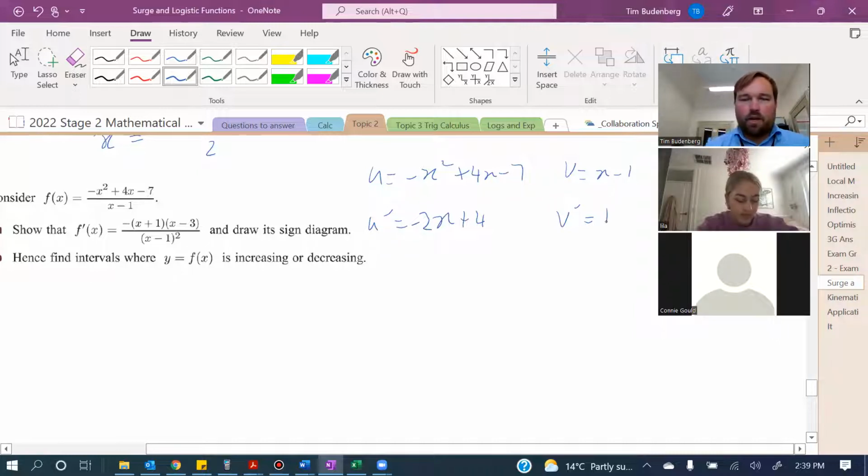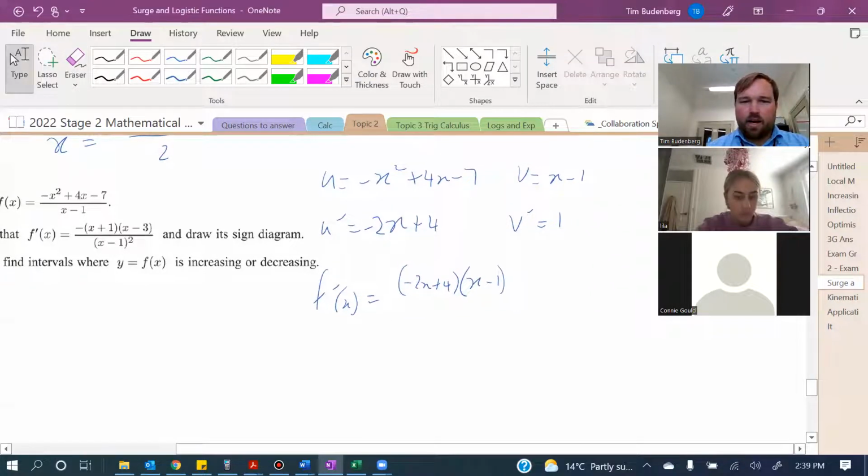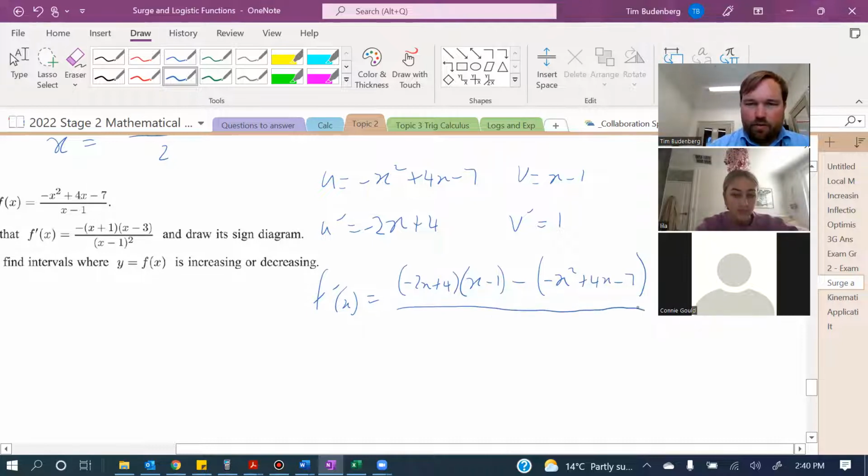Then f dash x is going to be u dash v, so minus 2x plus 4, bracket, bracket, x take 1, minus v dash u, minus x squared plus 4x take 7, over x take 1 squared.